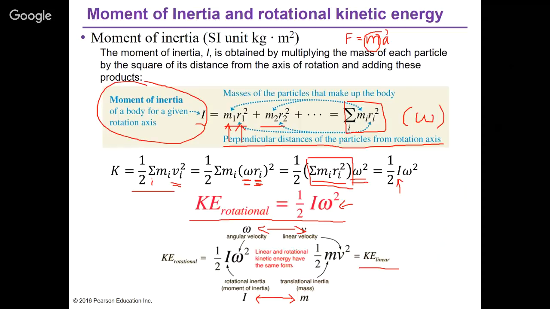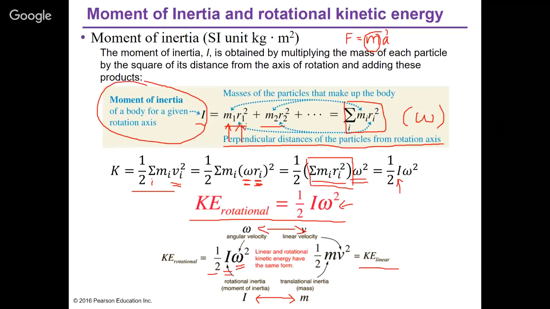So far, in rotational space, we've learned what angular velocity is. We also derived the kinetic energy for a rotational rigid body, which is half times the moment of inertia times omega squared.